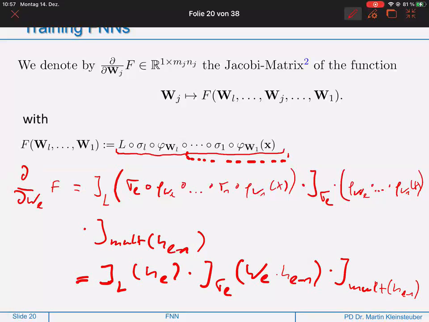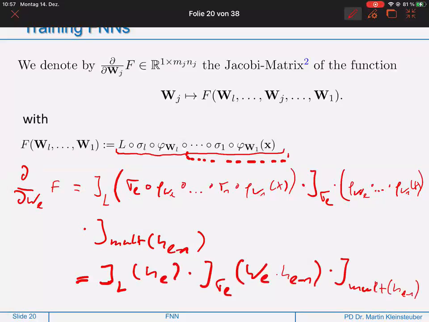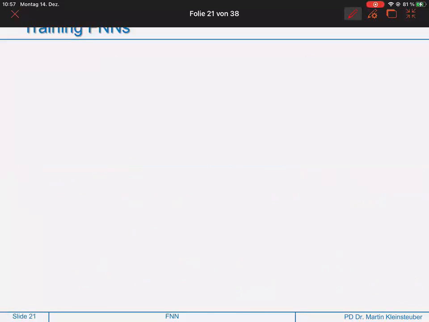If we go for the next step, and we say, okay, what is the next rule, the differentiation with respect to the next weight? So we have d/d WL minus 1 of F. What is that? Now we go from the outer functions more and more to the inner functions.